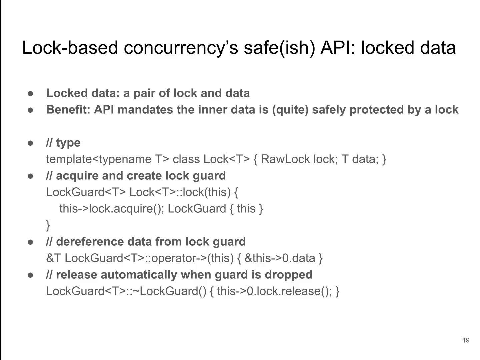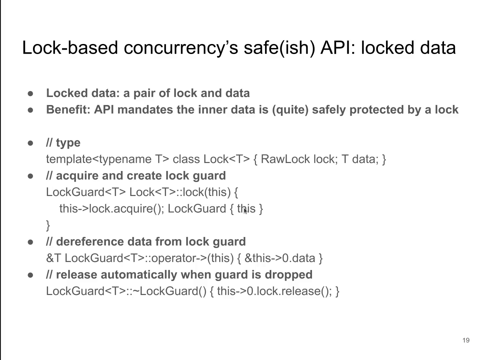If you acquire a lock by calling this lock function, then you are basically creating a lock guard. But before that, you are acquiring the lock, because a lock guard means that you acquired the lock. After that, you return the lock guard. That signifies the fact that you have acquired it.